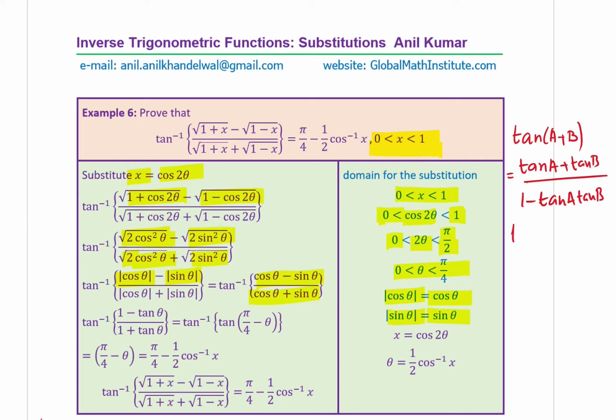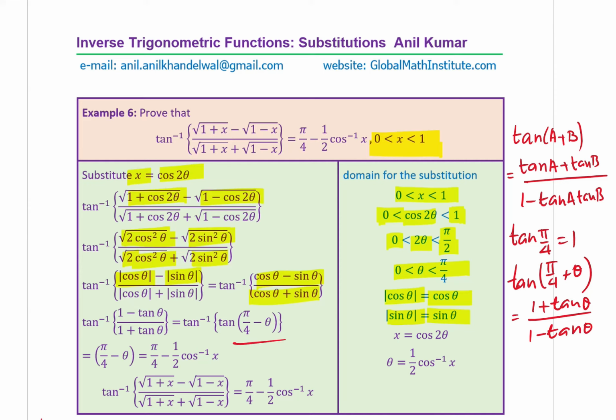And you know tan pi by 4 is 1. So if I have tan of pi by 4 plus some angle theta, I get (1 plus tan theta) over (1 minus tan theta), correct? And that is how we get this expression, correct?